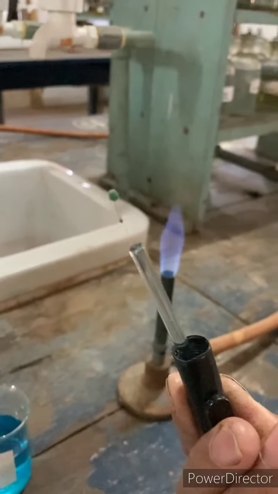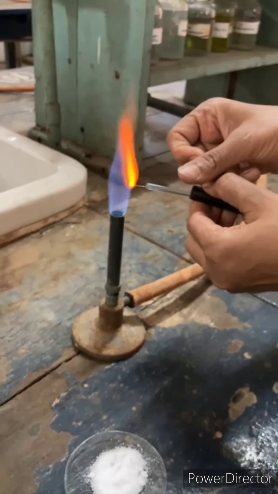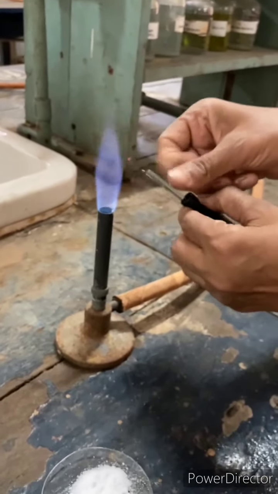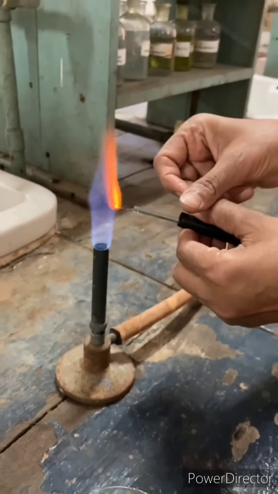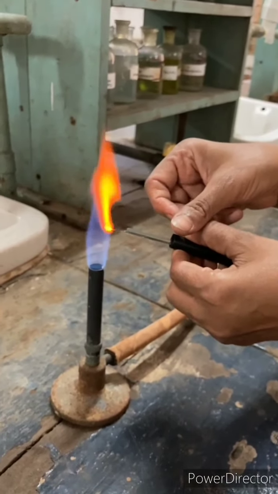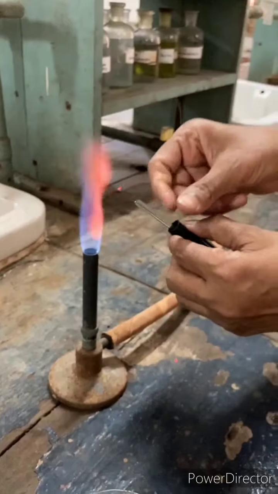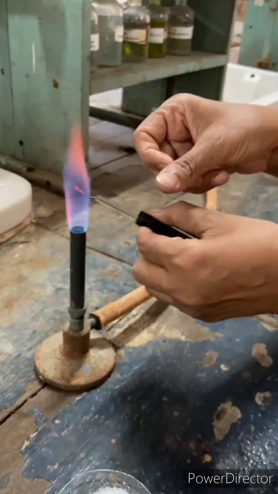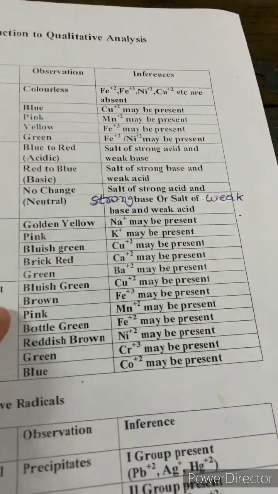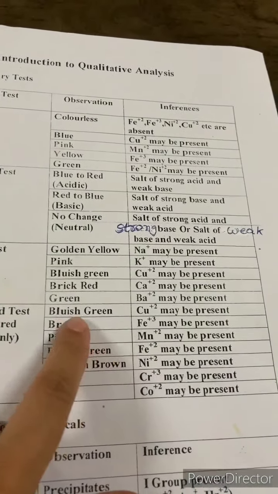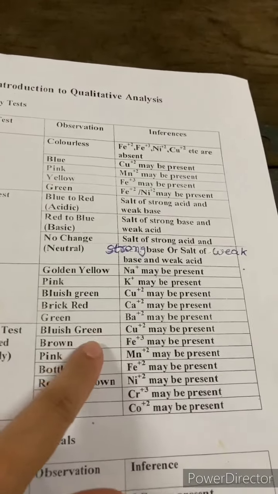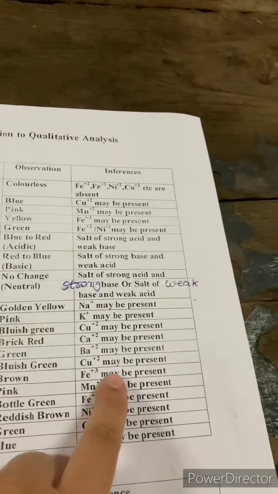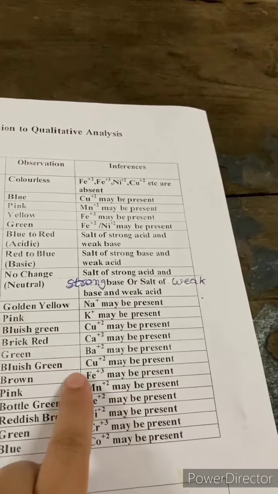You can see that very clearly. Now after you form the bead and you see the color of it, you will clean it by tapping it. When you tap it and continuously heat it, all the borax powder will get eliminated. Now, out of these options, you see that the color of my bead is bluish green, and so again I may infer that my cation which is present is copper.